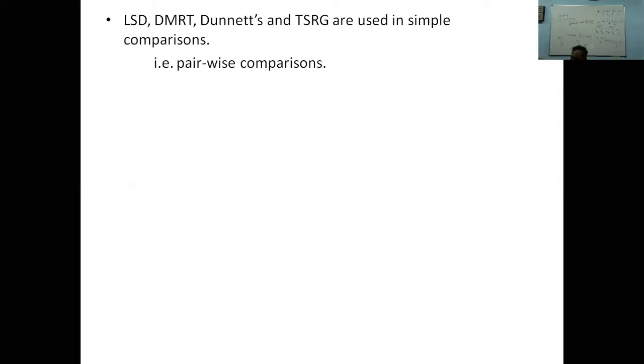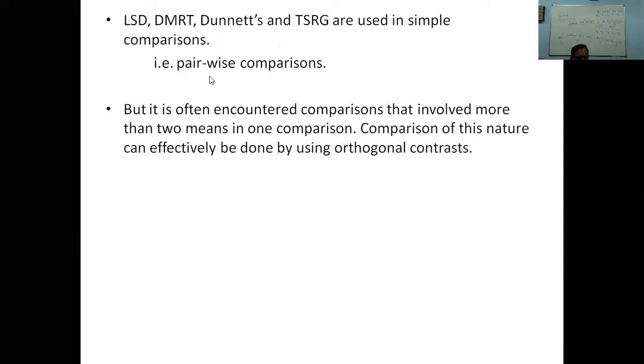In the other techniques of mean separation, the LSD, DMRT, Dunnett, Duncan, Tukey are used for simple comparison. As I said, it is used for pairwise comparison. But it is often encountered that comparisons involve more than two means in one comparison.